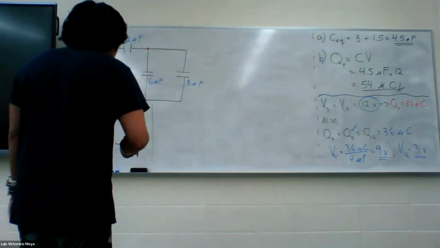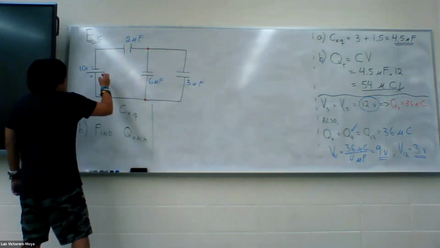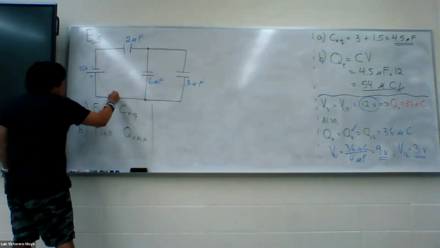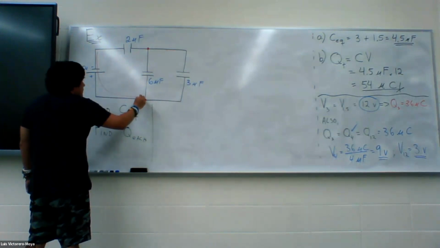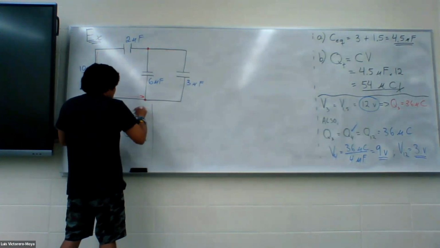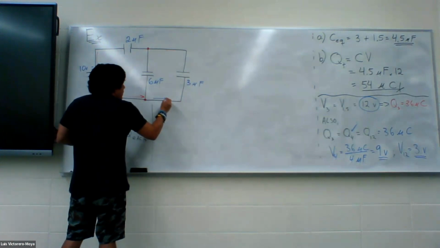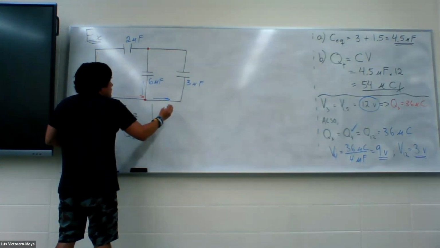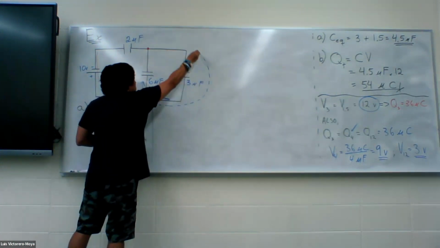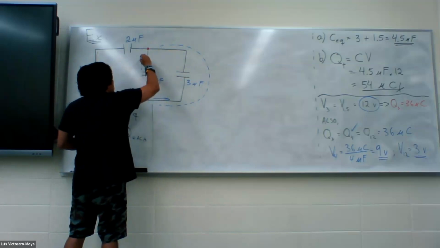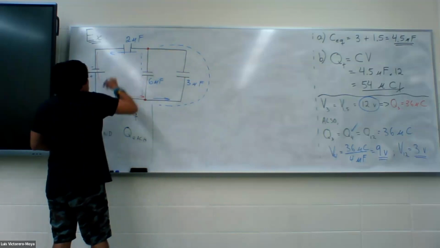So basically, if you think about it, you have charge or current, and then it splits here and here, and then goes all the way here, and then it combines again.